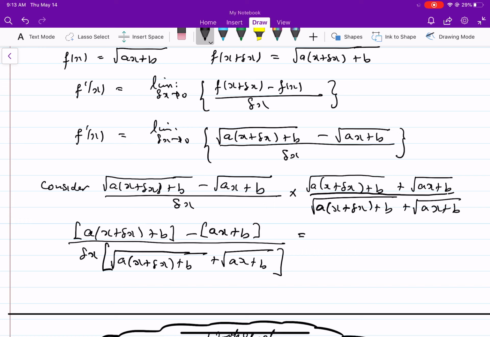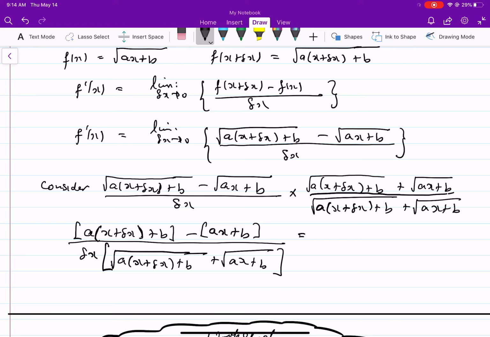If I open up my numerator, what would I get? I have the bracket in the right spot. This a just governs the x plus delta x.